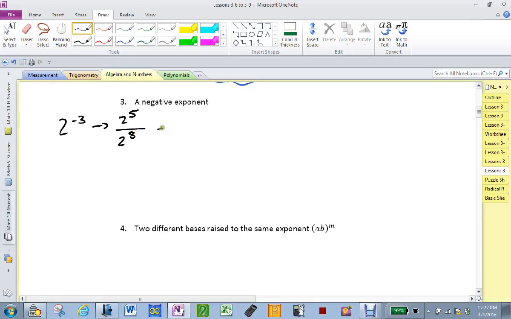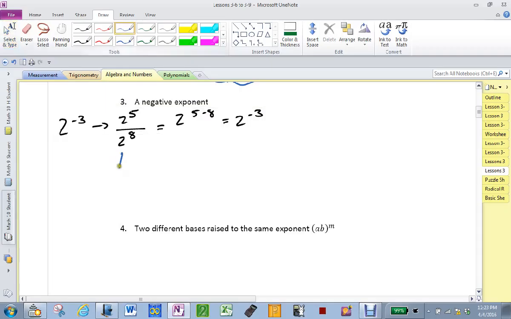Okay. According to our exponent laws, I do 2 to the 5 minus 8, correct? Which is 2 to the negative 3. Makes sense, right? We're following our exponent laws. The problem is, this final answer makes no sense in math, does it? Unless you know what is actually happening.